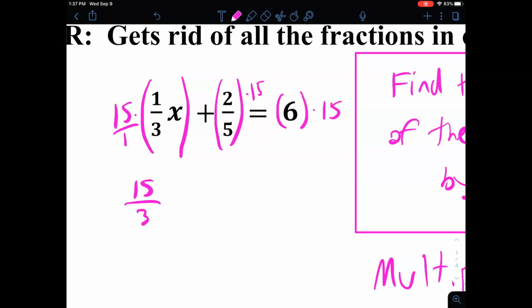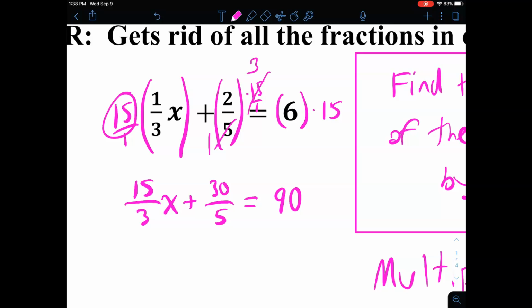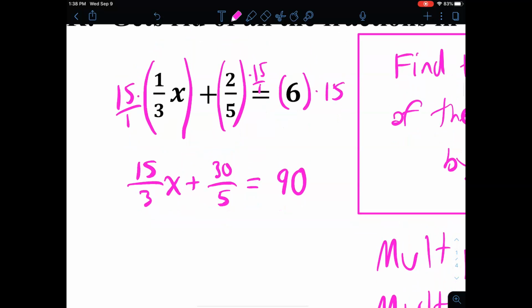I'm going to do this first step, and then we're going to get away from this later, but 15 over 3x plus, what's 2 times 15? 30 over 5. And then 6 times 15 is 90. If you're comfortable just doing 1/3 of 15 and canceling, 15 goes to 5 goes to 1, this goes to 3, and you get 6. That's totally fine, but we're just showing you what's happening here.